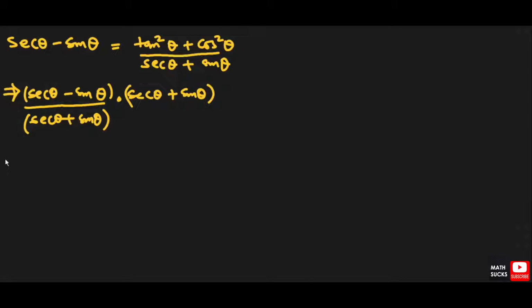When you get to this level, this top part is a difference of two squares. If you remember, a squared minus b squared is the same as a minus b times a plus b. So we can make use of this, condensing the two brackets back to this part.